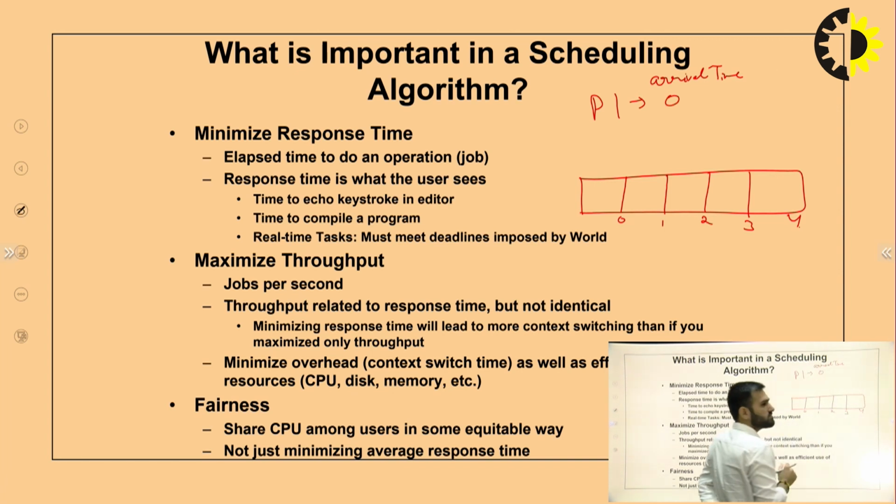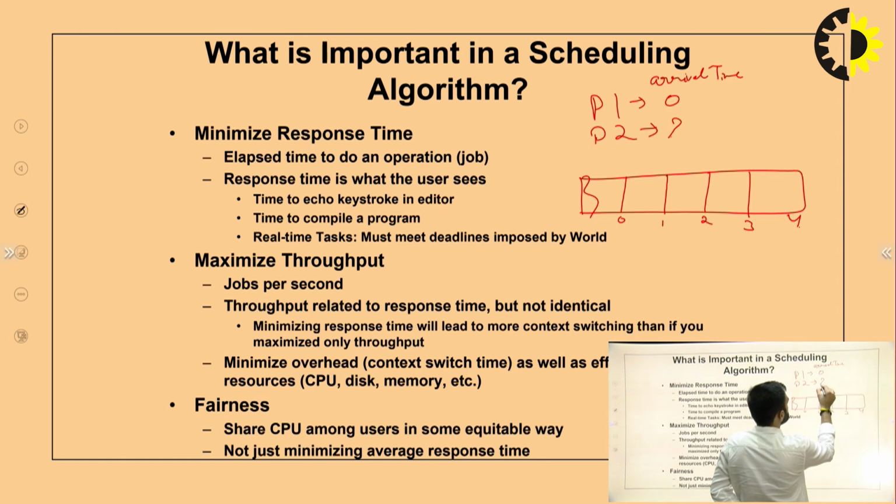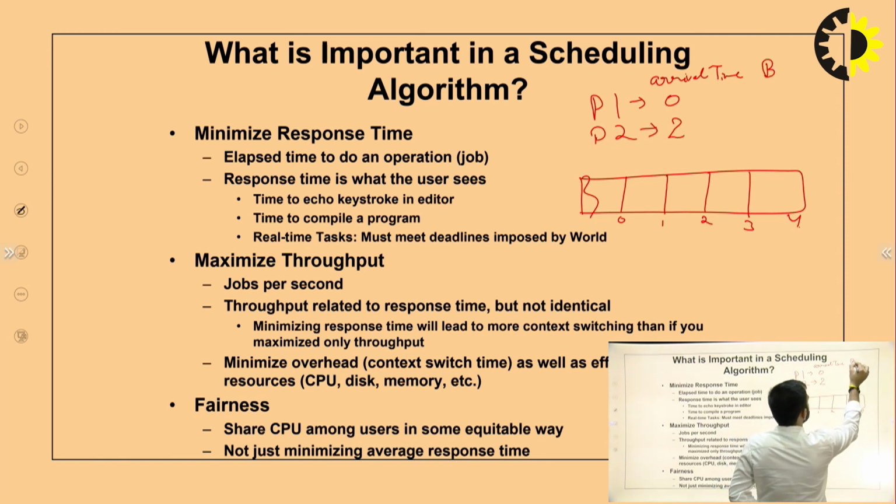Initially only 0. P2's arrival time is 2, and its burst time is the CPU time we are talking about, and the burst time is 2.